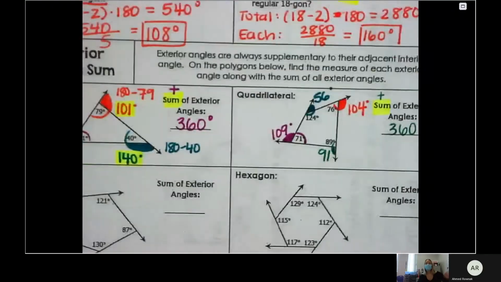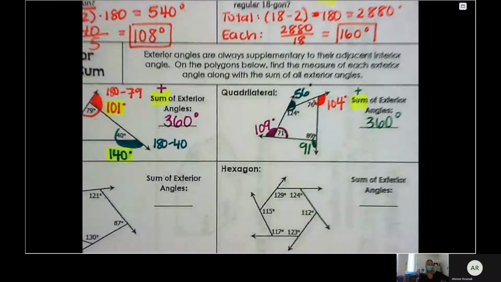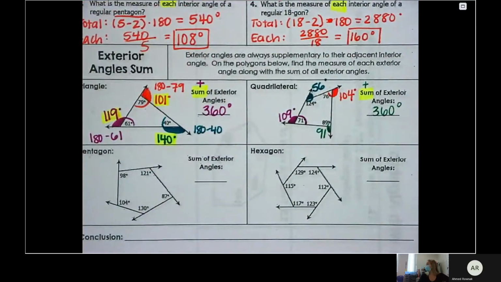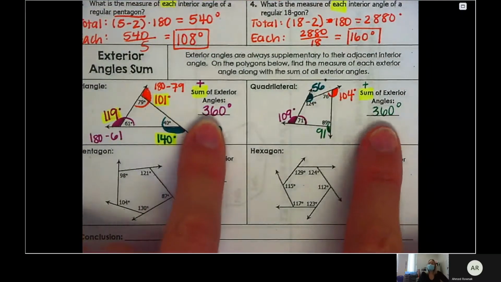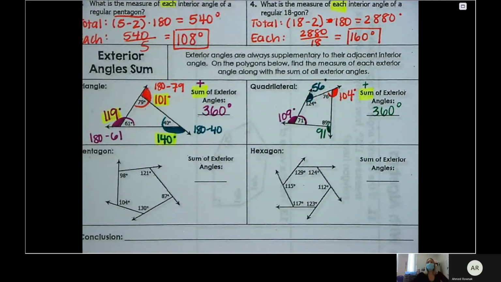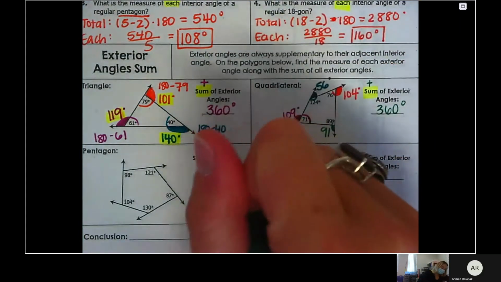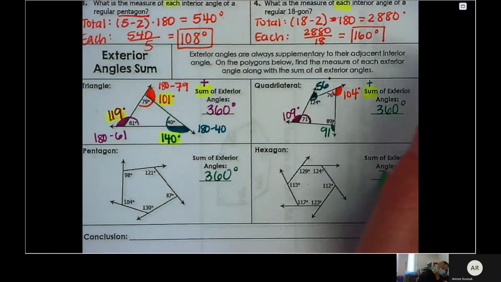Thank you. All right. What do you notice about the triangle and the quadrilateral? They're both 360. Interesting. What do you think is going to happen with the pentagon and the hexagon? They're also going to be 360 degrees.